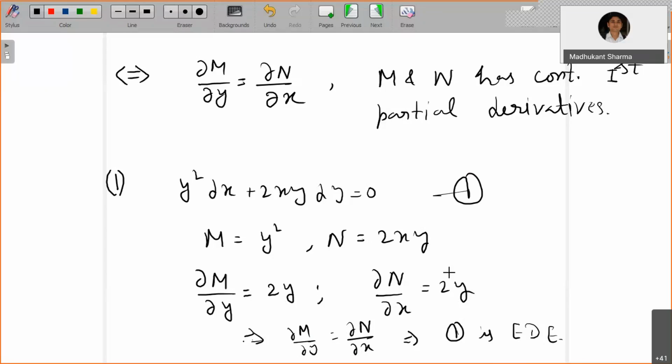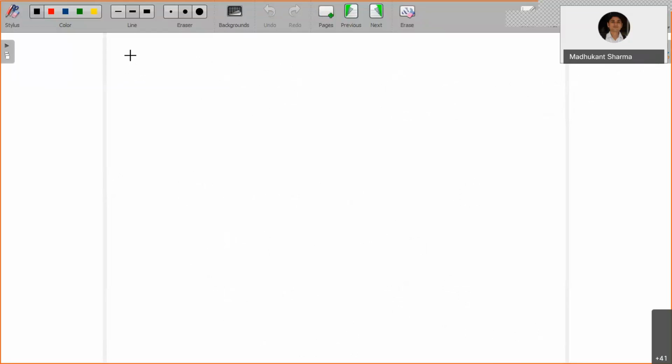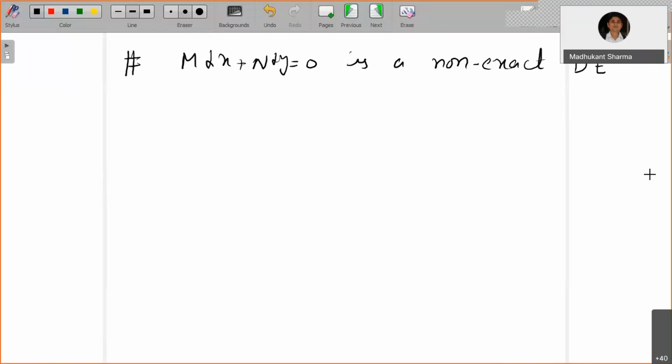Now suppose the equation is non-exact. You already learned what that means: the equality is not there. So the equation M dx plus N dy equals 0 is a non-exact differential equation if ∂M/∂y is not equal to ∂N/∂x.